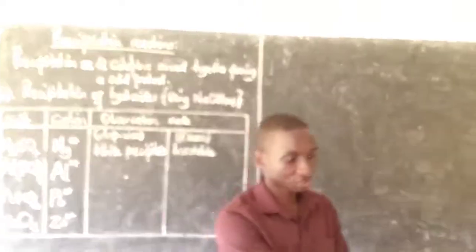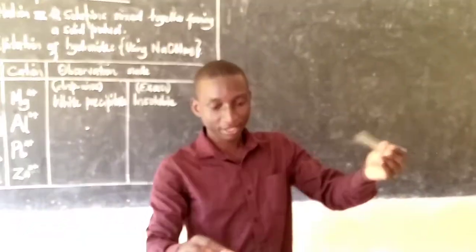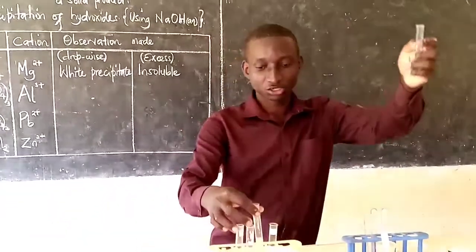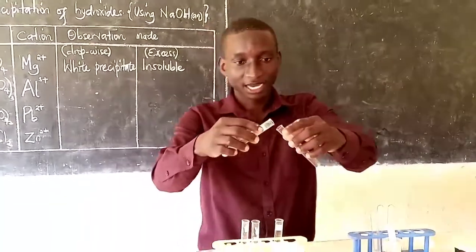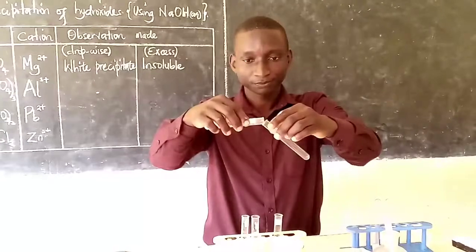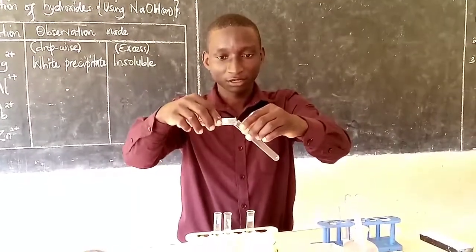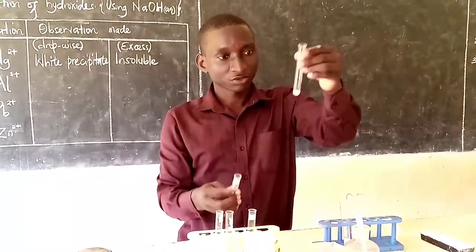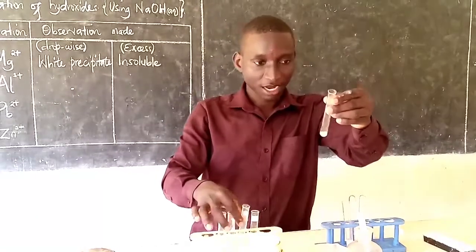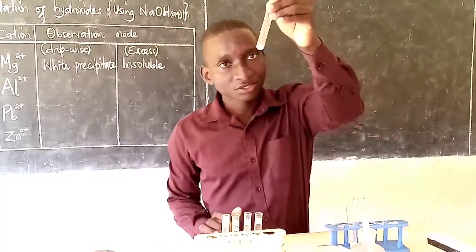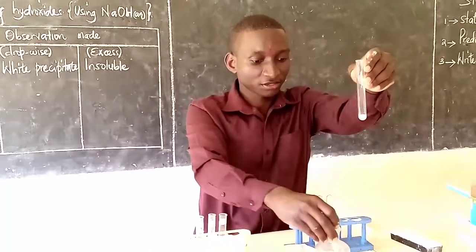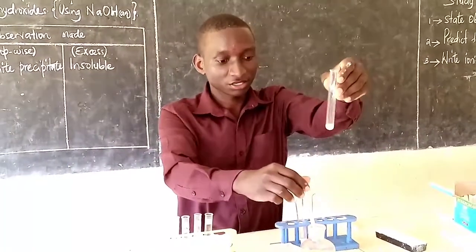We come back and still follow the procedure. We pick a clean test tube. We pick the solution of aluminium and just pick a small amount. That is what we have, a small amount. This solution is colorless. So we have the sodium hydroxide. The sodium hydroxide is here.